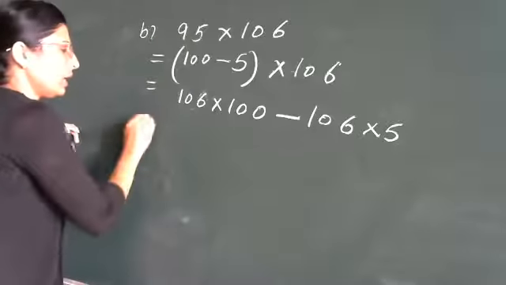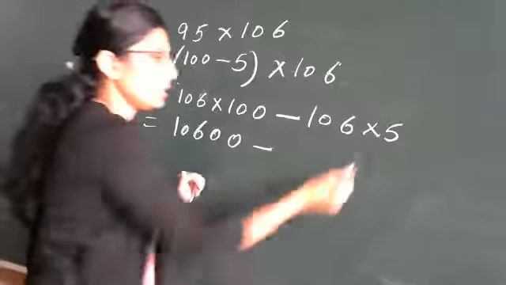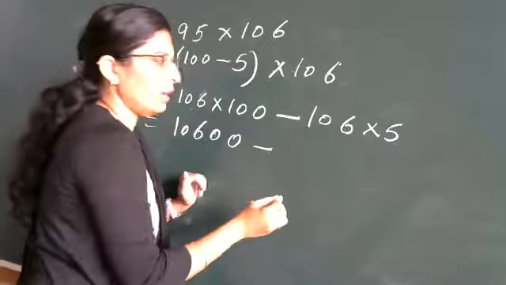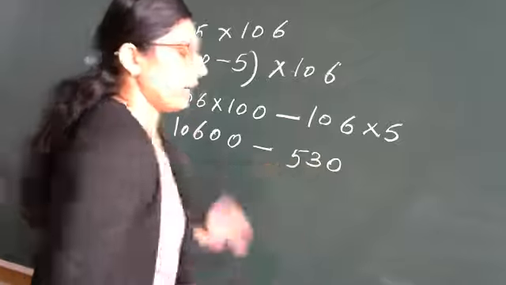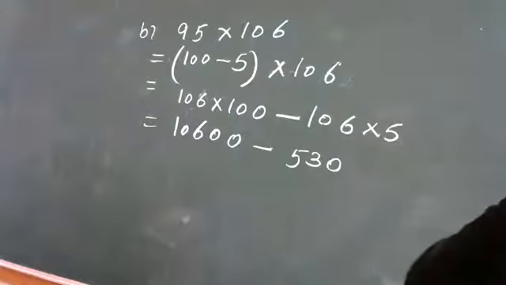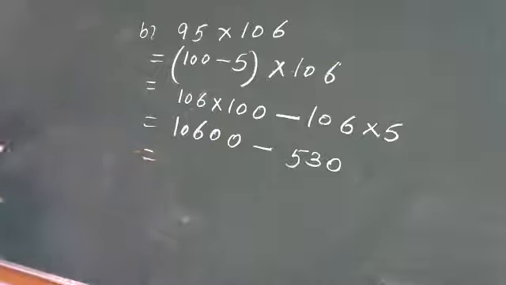So now here it will come 10600 minus 530, correct? Subtract: 10,070.